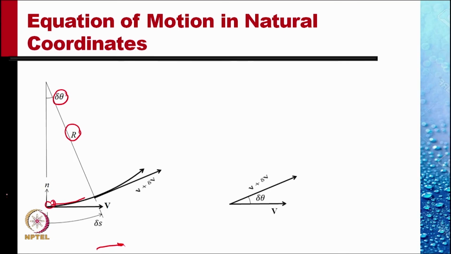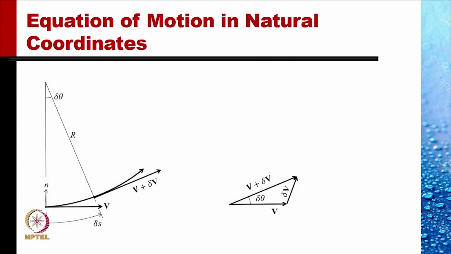So the change in velocity in this time delta t is this delta v, which has two components, delta vs and delta vn. Acceleration in the normal direction, in the limit delta t tending to 0, is delta vn by delta t, which is the limit as delta t tends to 0 of delta vn by delta s into delta s by delta t.